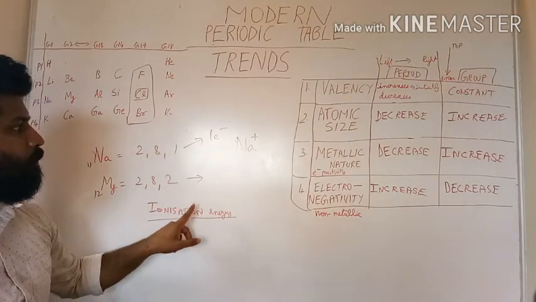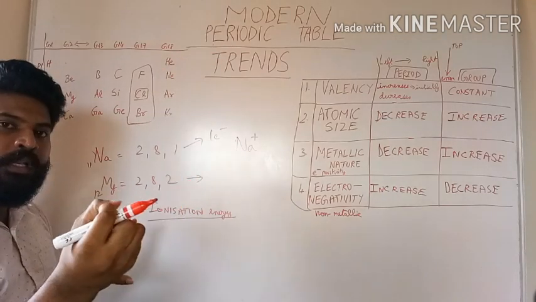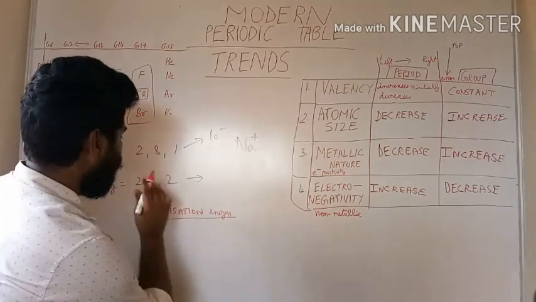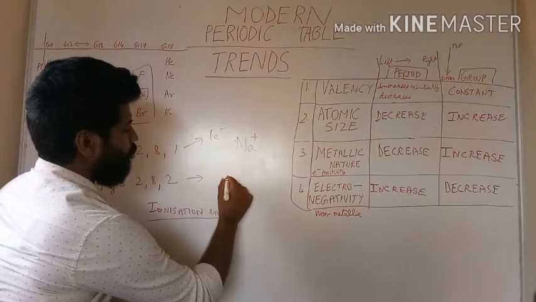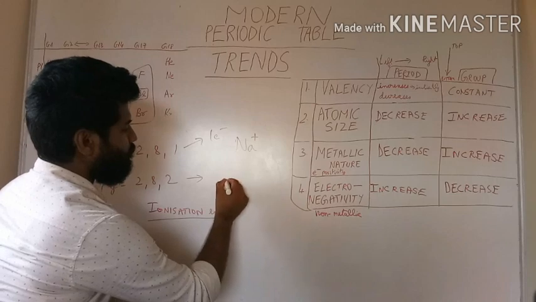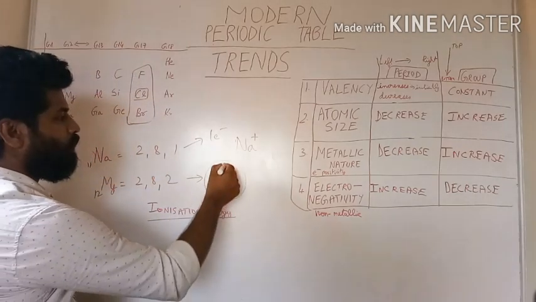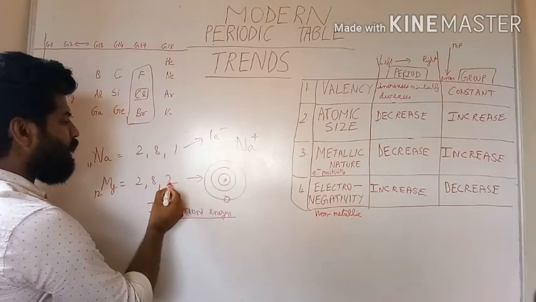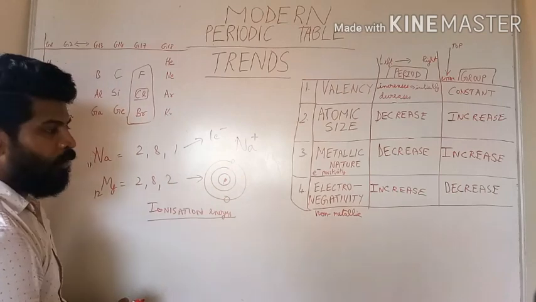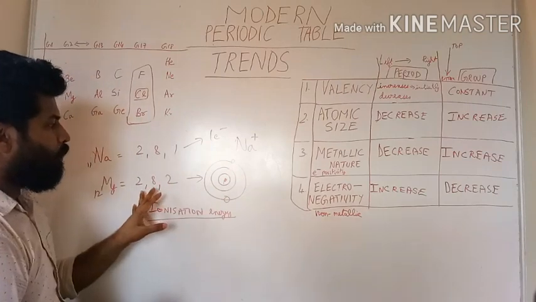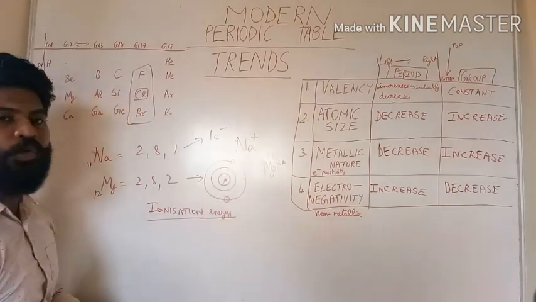As you remove one electron from the outermost shell, what will happen? For example, let us say magnesium. The nucleus is present, and these are the shells. In the outermost shell, there are 2 electrons, and magnesium, to become an ion, Mg2+, needs to lose 2 electrons.